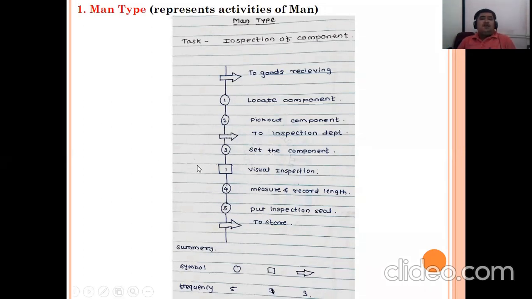So like this, you can prepare what we call a flow chart for a person. This flow chart may be from the start of the day to the end of the day, or it may be for the inspection procedure of one component only.